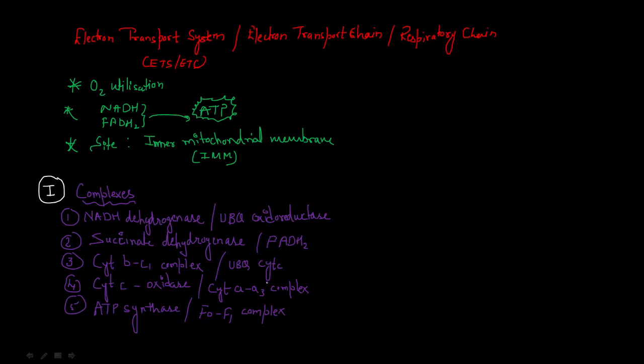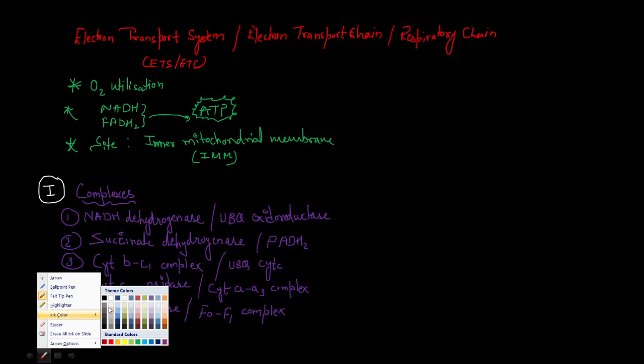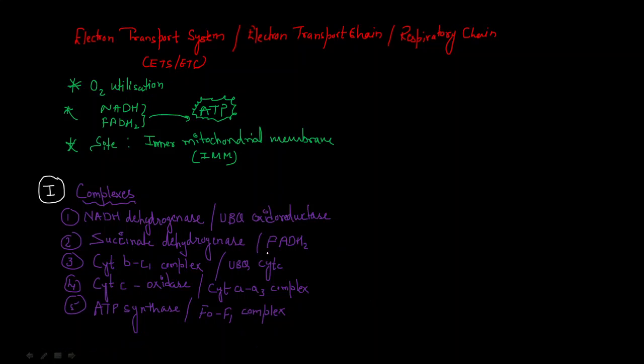Okay, so these are the five complexes that make up the electron transport system. We will see how. Now, one thing that you need to remember, children, is that out of the five, the first, third, fourth, and fifth complexes are totally fixed or embedded in the inner mitochondrial membrane.